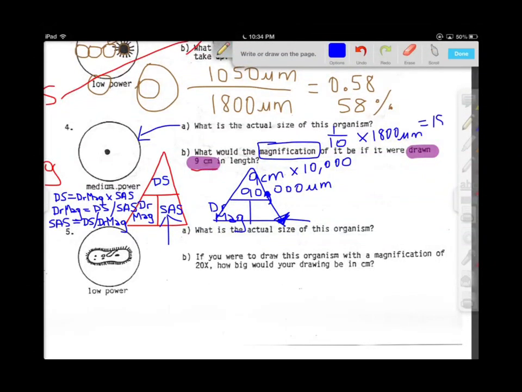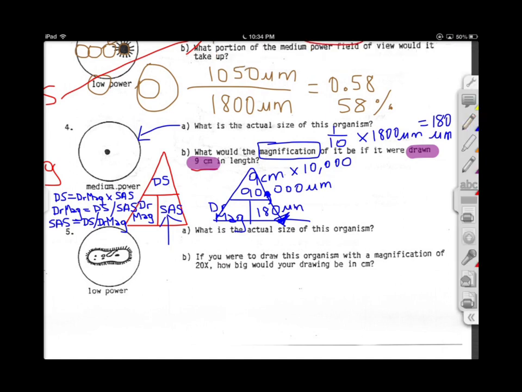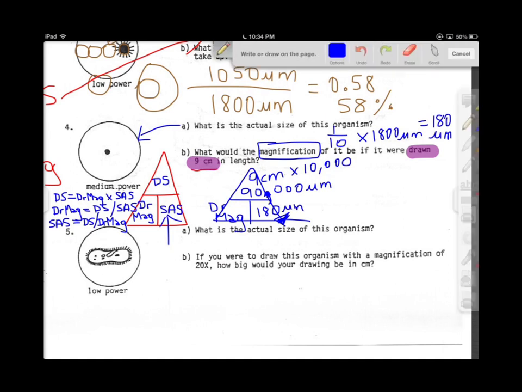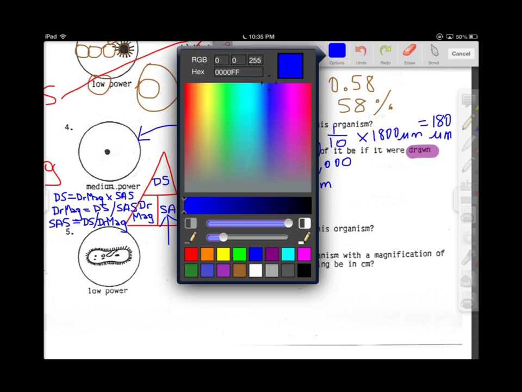So our critter's probably about 180 micrometers. So let's throw that in. SAS can be pretty easy to find. How many little guys would go across the field? I hit done, switch colors, and I want to zoom in so that we can see this pretty easily now.